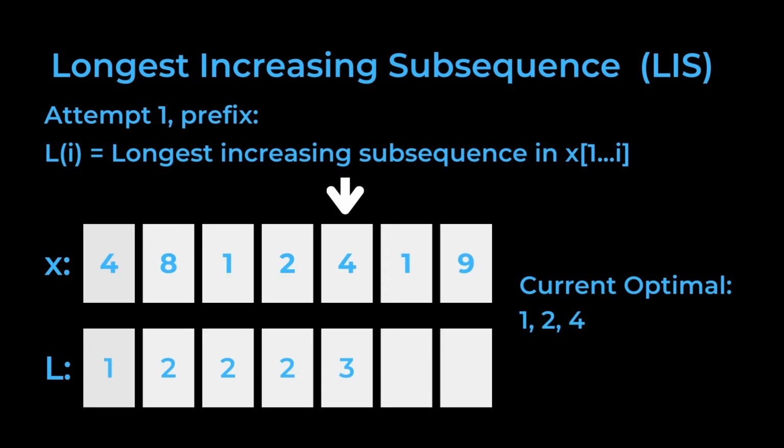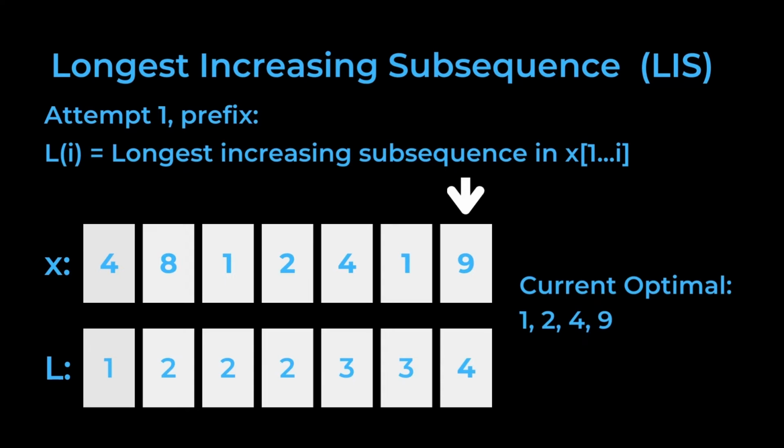So our longest subsequence is actually going to be of length 3 with 1, 2, and 4. Next, we have an input of 1. This isn't involved in any of those subsequences, so the current longest subsequence is still going to be 3. And next we have 9. 9 could be involved in either 4, 8, and 9, or 1, 2, 4, and 9. So the current longest subsequence is of length 4.